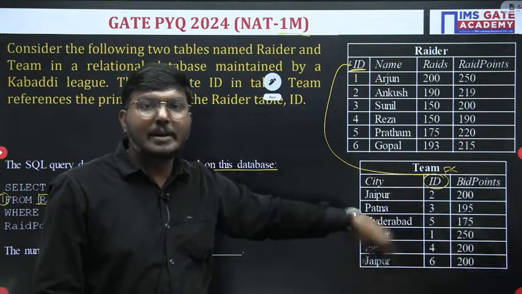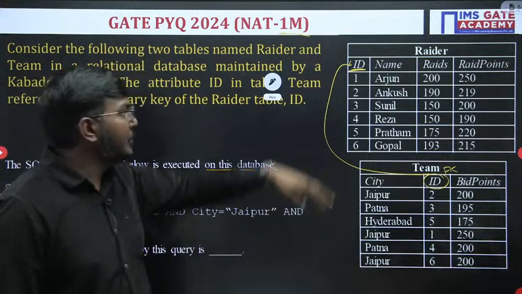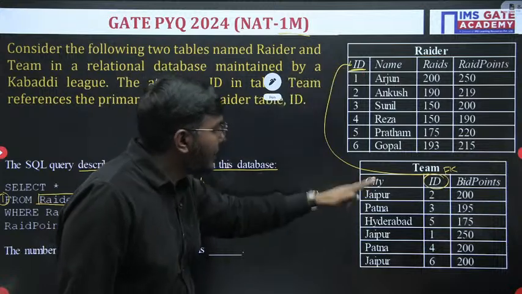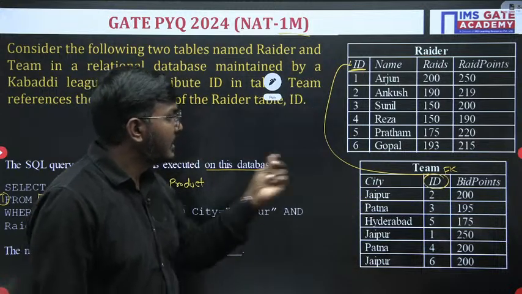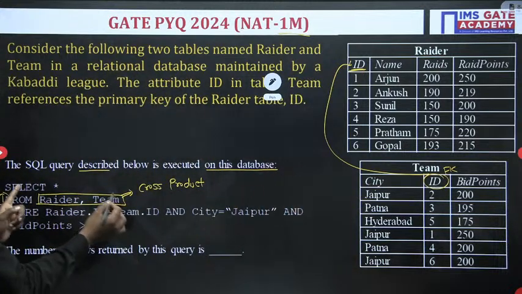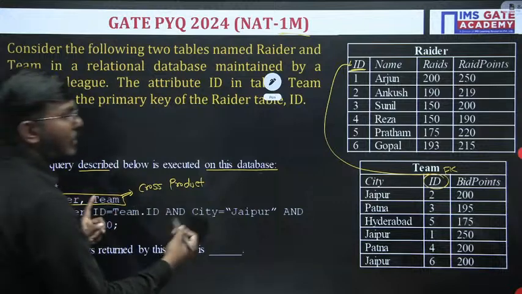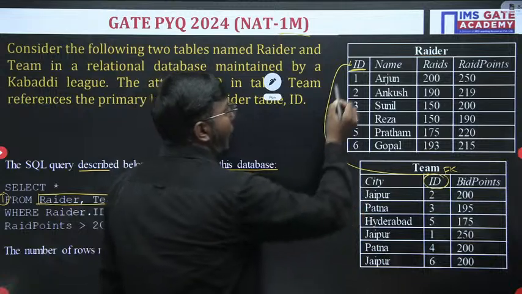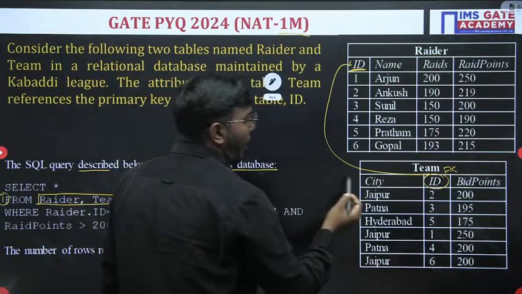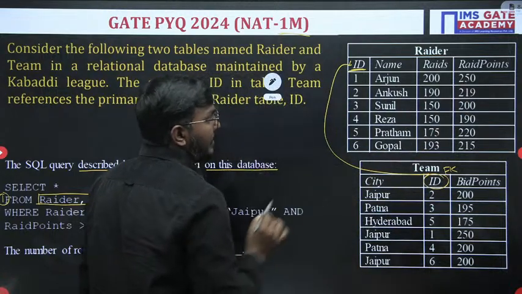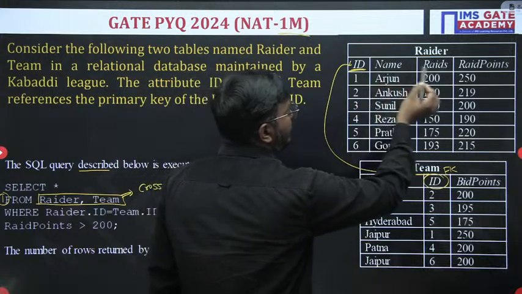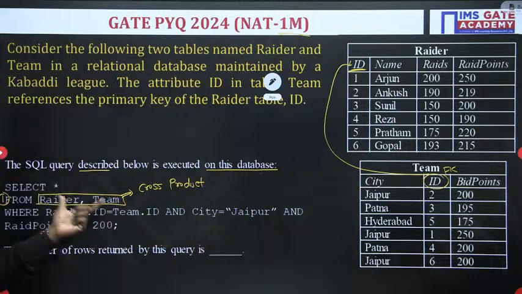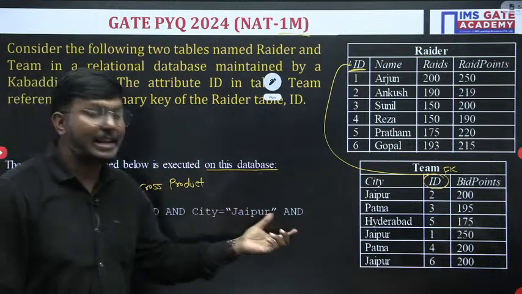So what is cross product? Cross product just pairs each record of the Raider with every record of the team. The result of the from clause will have how many attributes here? Cross product means all the attributes of Raider followed by all the attributes of the team. So attributes will be 1 2 3 4 5 6 and 7. The result table of this from clause will have 7 attributes, and how many records?